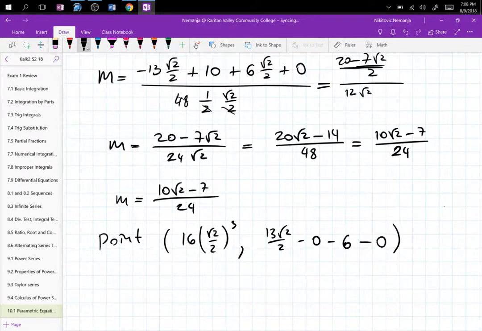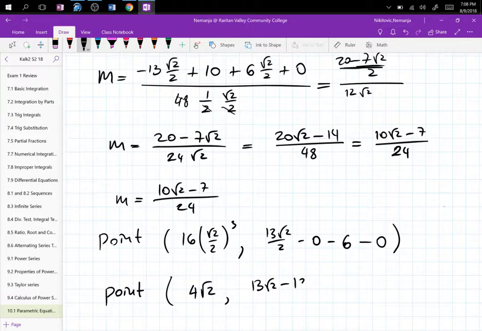So our point is 4 root 2, comma, 13 root 2 minus 12 over 2.